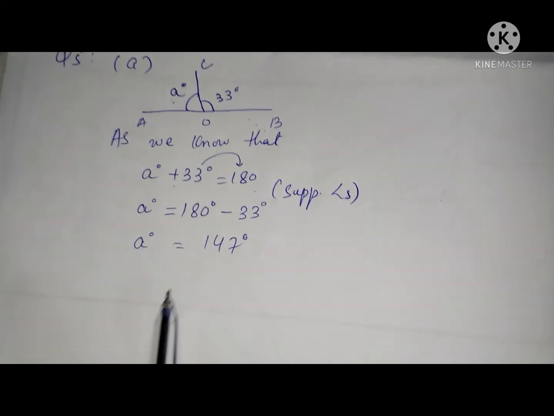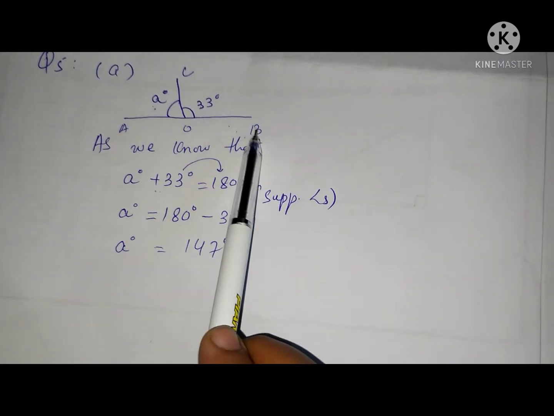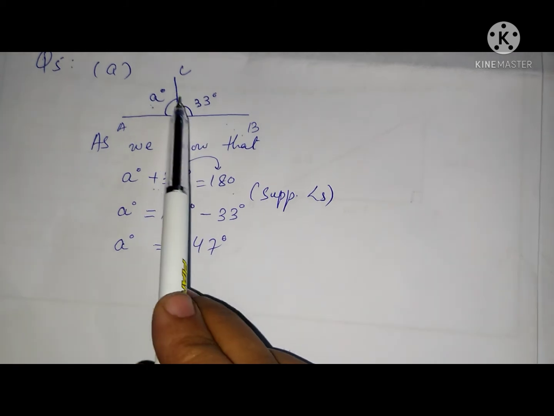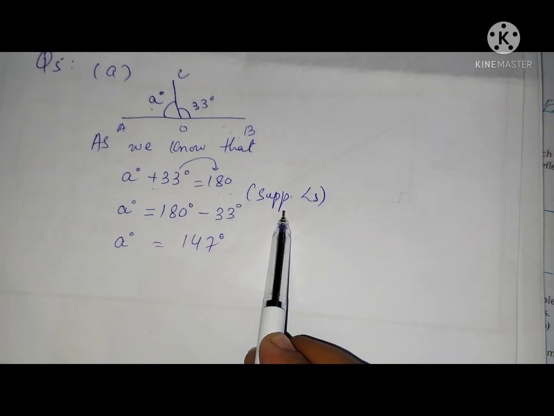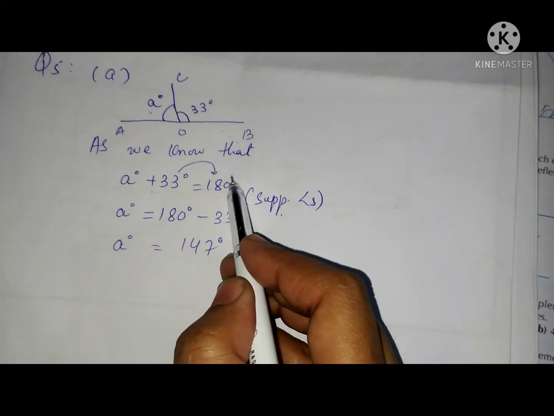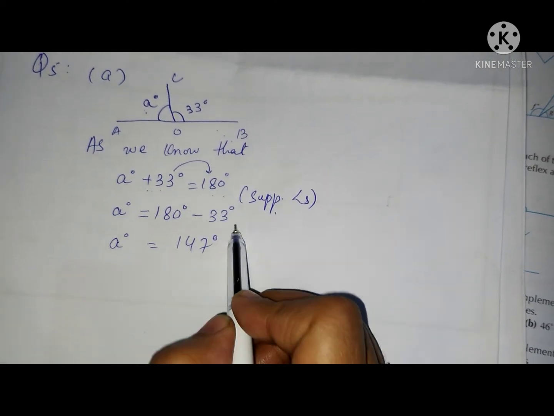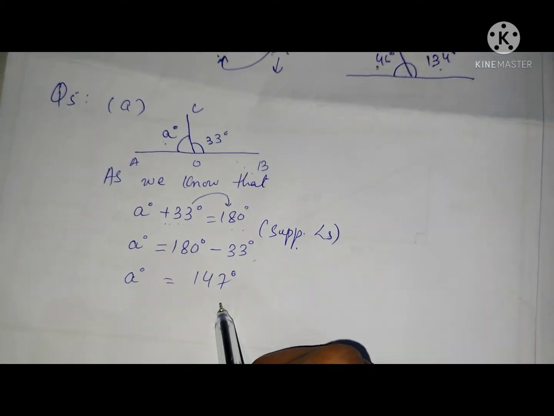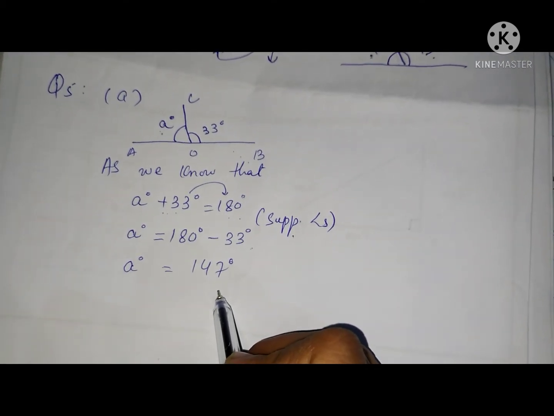How to make the equation of this figure? The sum of the angles on a straight line is always equal to 180 degrees because they are supplementary angles. So we have to shift 33 degrees to the other side and we will get the answer, that is 147 degrees. That is the required answer. This is part A of question number 5.